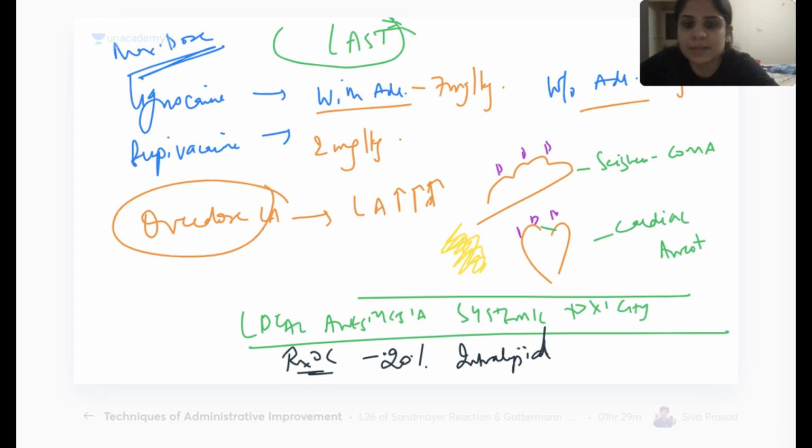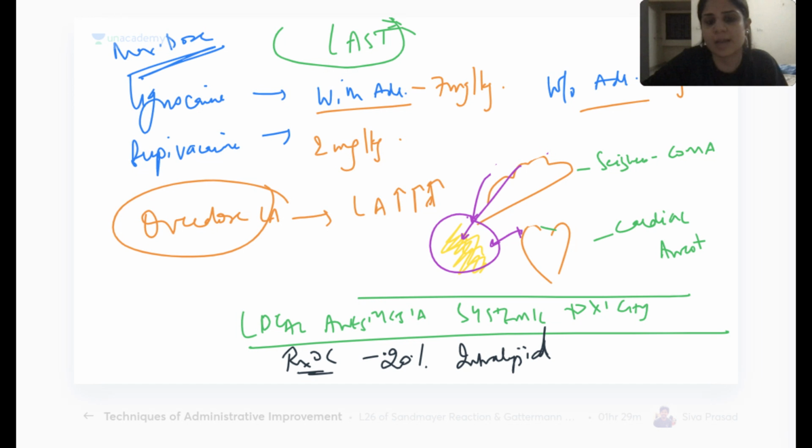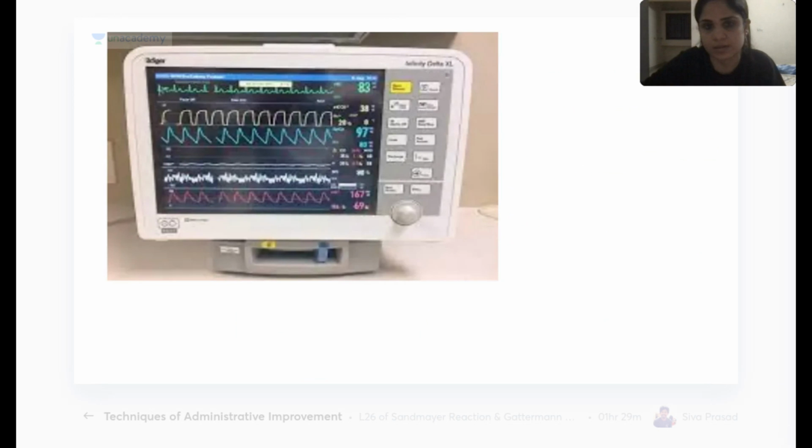This drug is very lipid soluble, so it leaves the brain, it leaves the heart, and it enters into this lipid. Then my heart and brain will start working normally again. So this is what happens when I give intralipid. This is local anesthetic systemic toxicity.